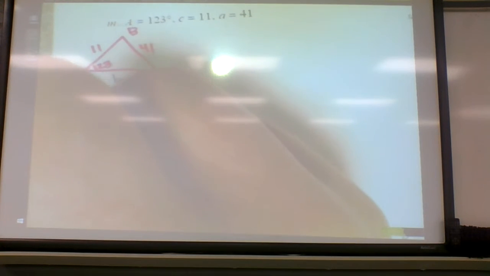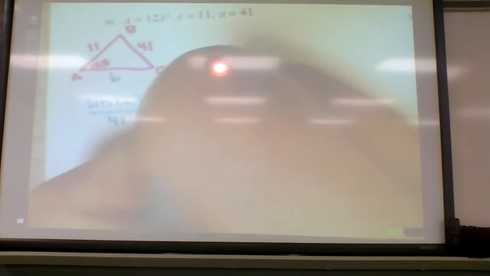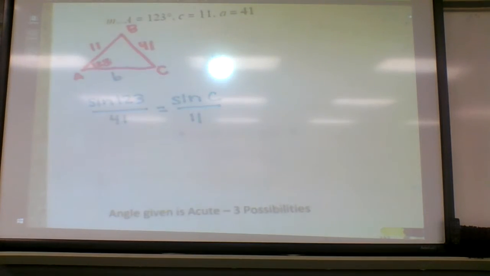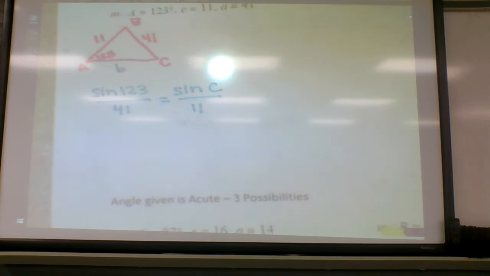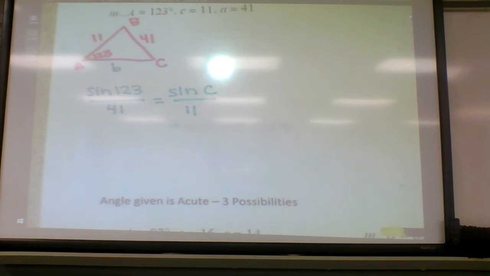So you're going to say sine of angle A over the side a is equal to the sine of angle C over side c. And we need to solve for that angle C. So how can I solve this?